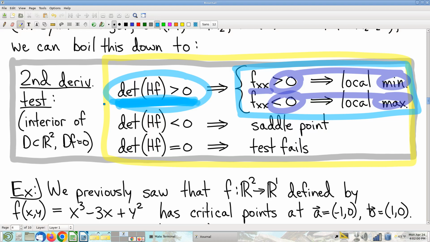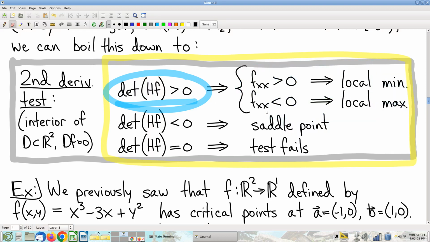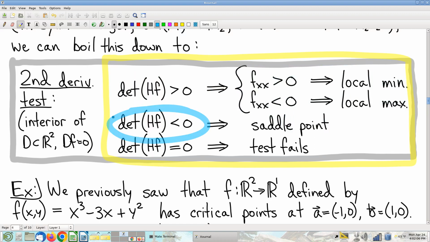Okay. Now, that of course is not a given. It is also entirely possible you will have a negative Hessian determinant. If you have a negative Hessian determinant, you have a saddle point, aka a Pringle point. It's concave down in one direction, concave up in the other direction. Who knows what kind of a saddle point?